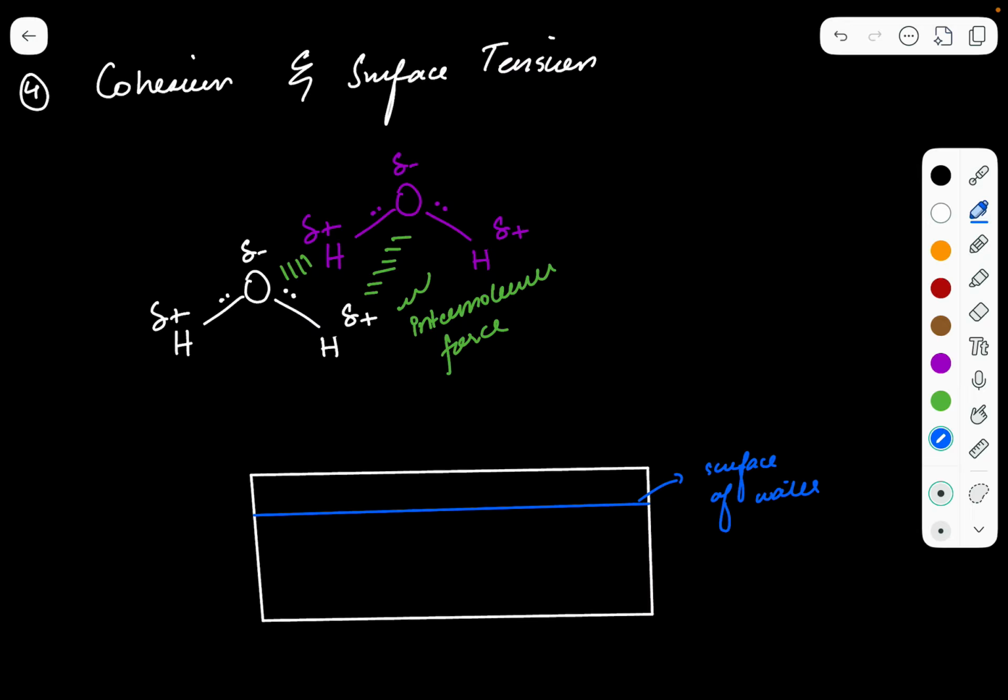Okay, now imagine I'm just going to draw one big circle that denotes a water molecule. So these are water molecules. Remember that deep down they're actually OH and H. Okay. Now water molecules are everywhere in this tank, correct? They're everywhere. And because of these intermolecular forces, they're being constantly attracted to each other.